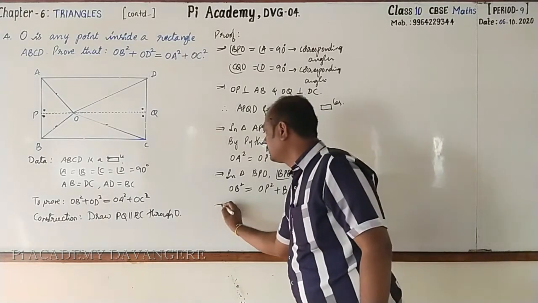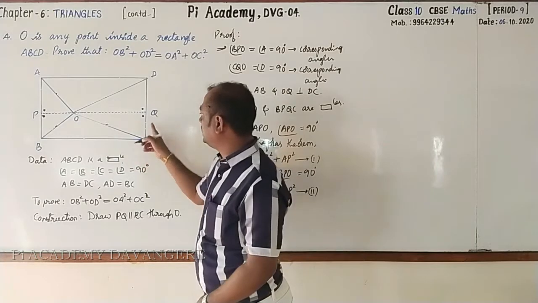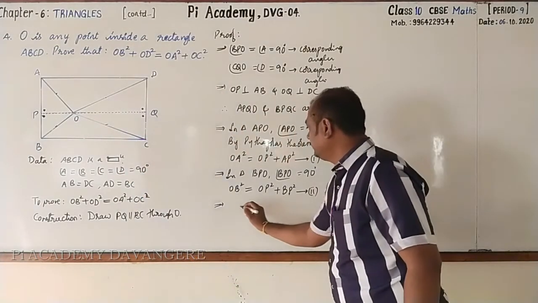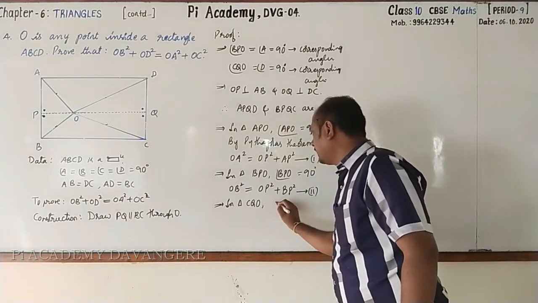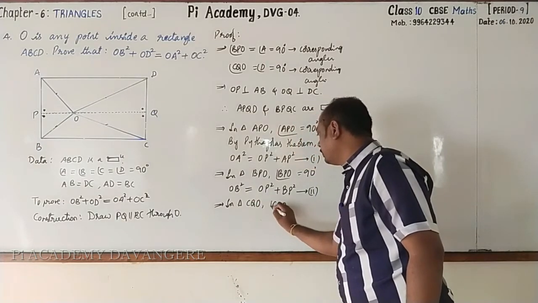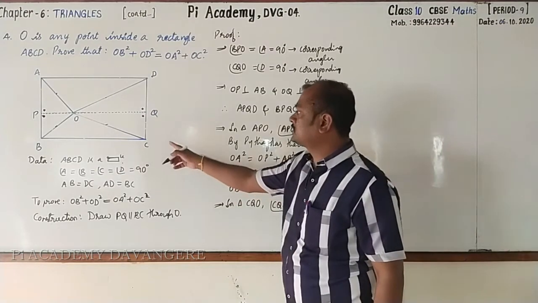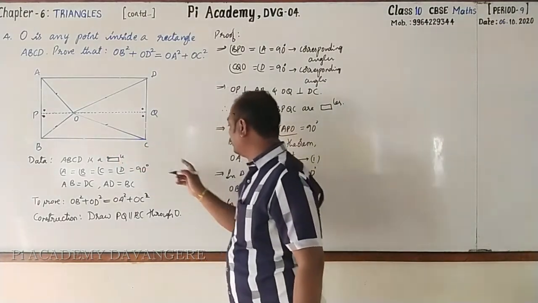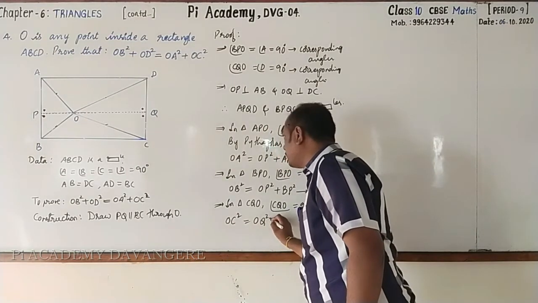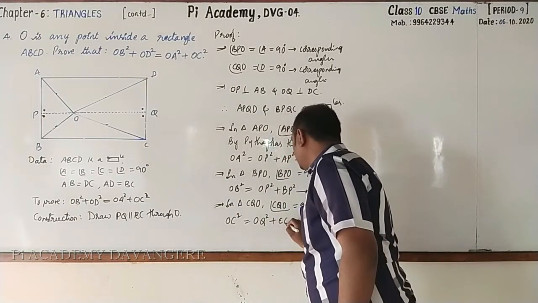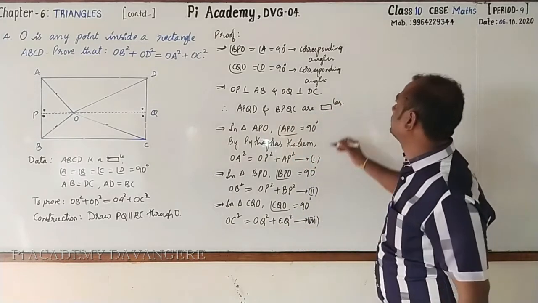Next, let me go for taking the third triangle, that is CQO. In triangle CQO, angle CQO is 90 degree. Again by Pythagoras theorem, we can write OC square is equal to OQ square plus CQ square. Call this as statement 3.